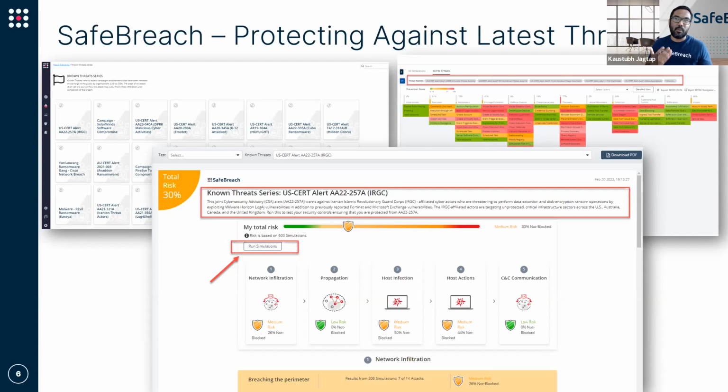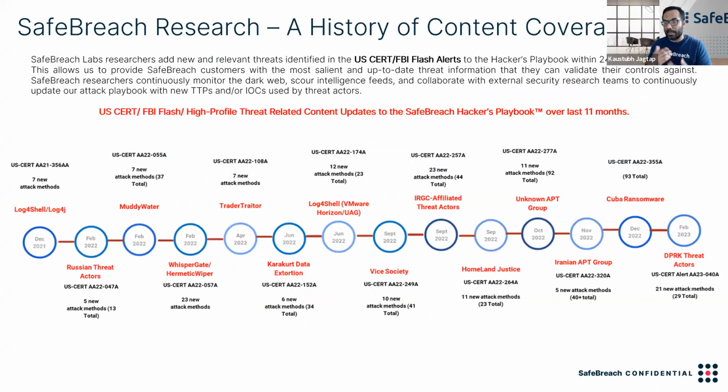If you need to understand your exposure compared to the MITRE ATT&CK framework, we give you an easy way to map it with our MITRE heat map. That's another way of quickly understanding where your gaps are and where to focus your priorities in terms of remediation and response.